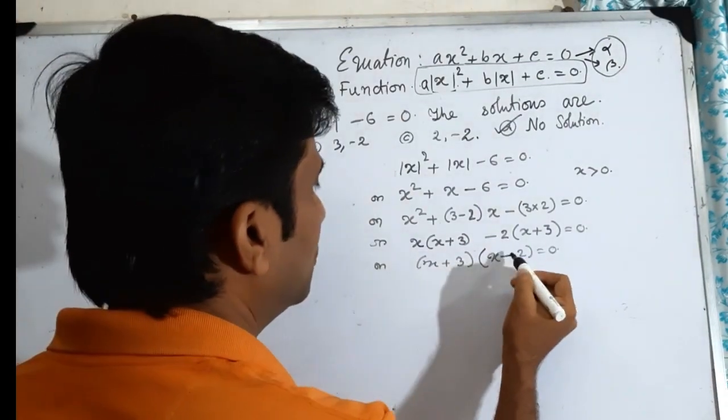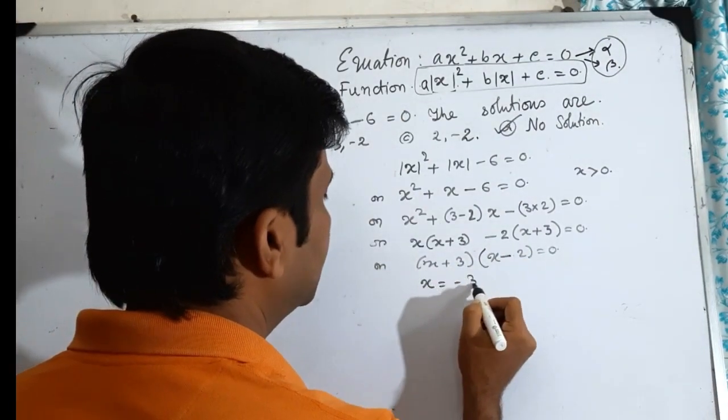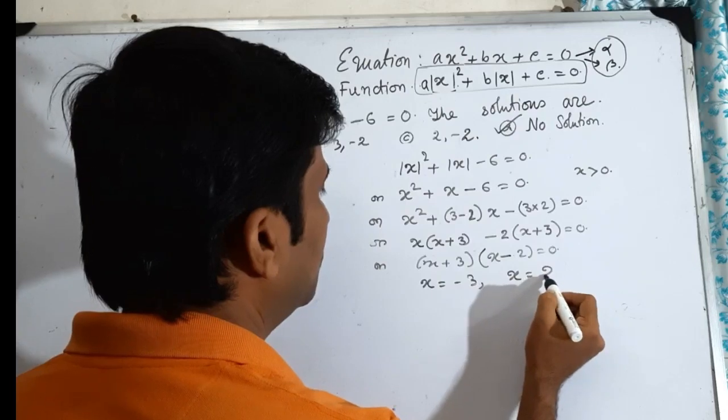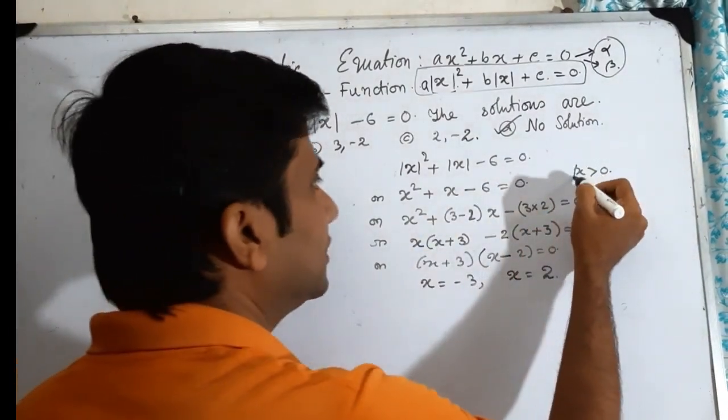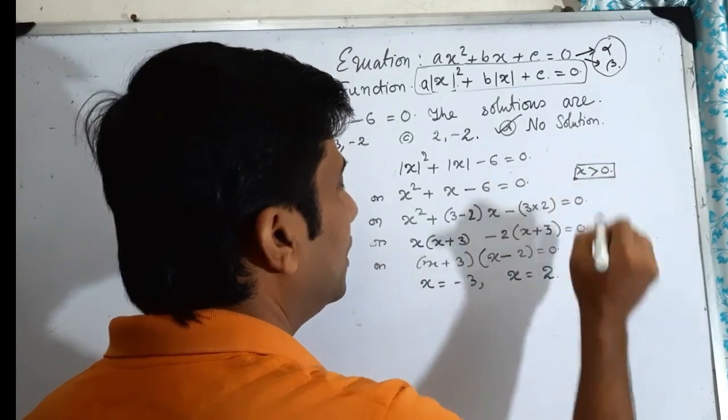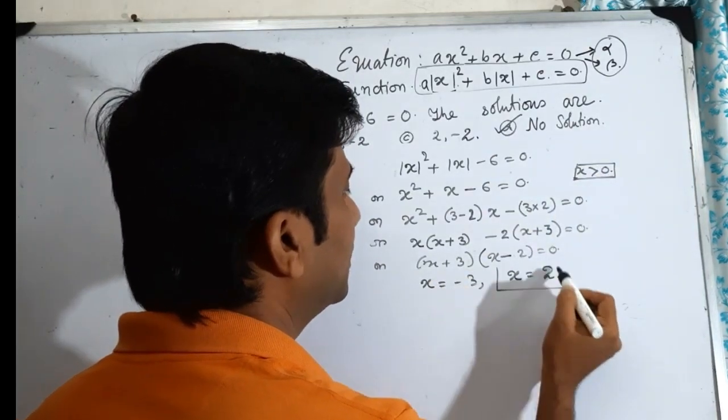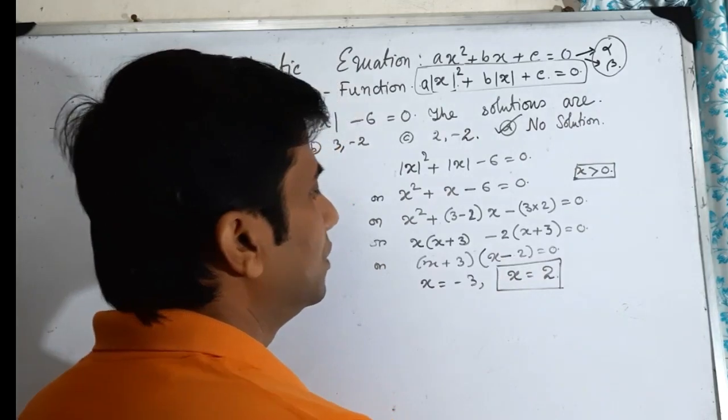That means x is equal to minus 3 and x is equal to 2. Then, when x is greater than 0, you get the solution x is equal to 2.